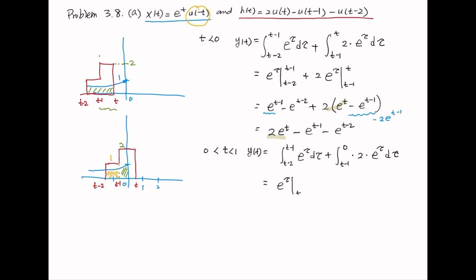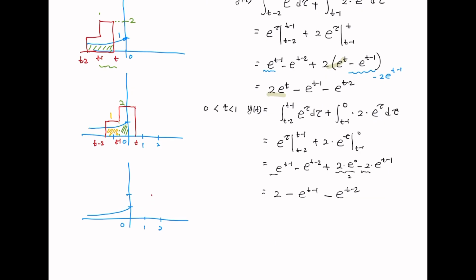That is e^tau going from t-2 to t-1, plus 2 times e^tau going from t-1 to 0. That is e^(t-1) minus e^(t-2) plus 2 times e^0 minus 2 times e^(t-1). This is 2, therefore 2 minus e^(t-1). Again, we have a negative 2, a positive 1, and then minus e^(t-2).